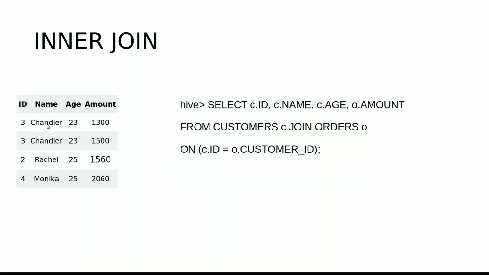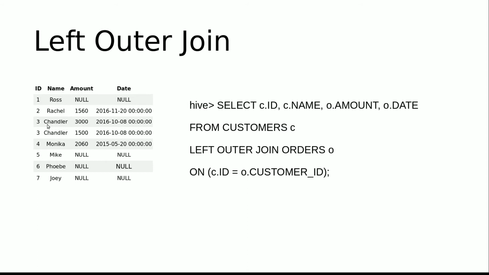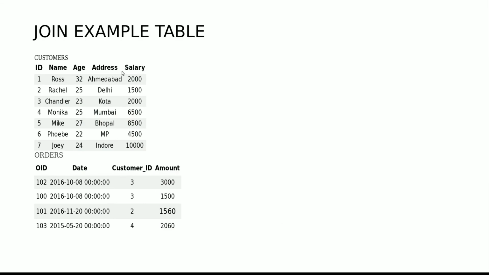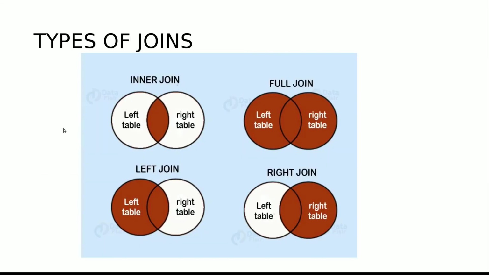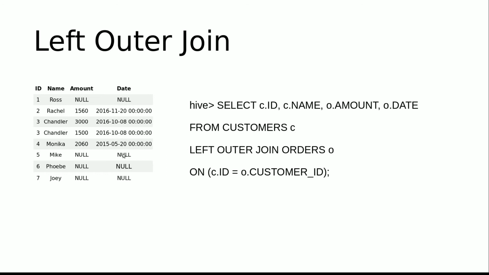Left outer join is the query in which we get all the records from the left table. We get all the customers' names, with the intersection of the orders. As you can see, the amount and date are not available because they are not available in the customers table. Next is the right outer join.